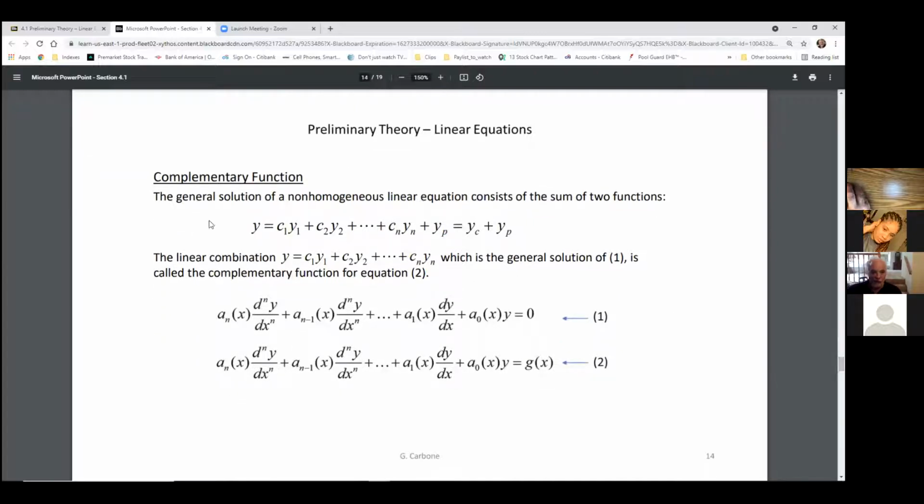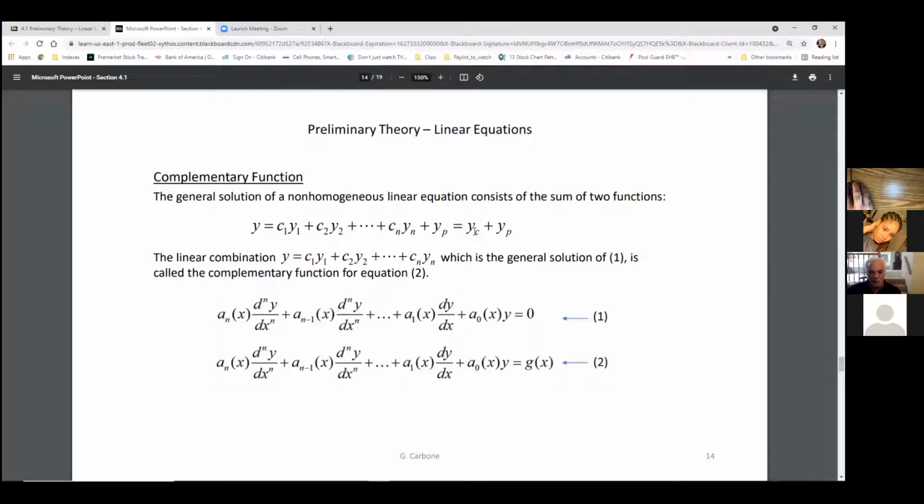Okay, so the general solution of a non-homogeneous differential equation consists of the sum of two functions. It consists of the linear combination, which is the general solution of the associated homogeneous differential equation. We call that the complementary function.